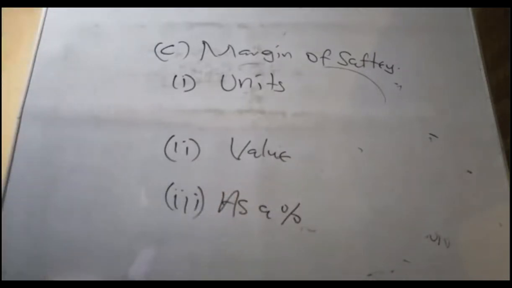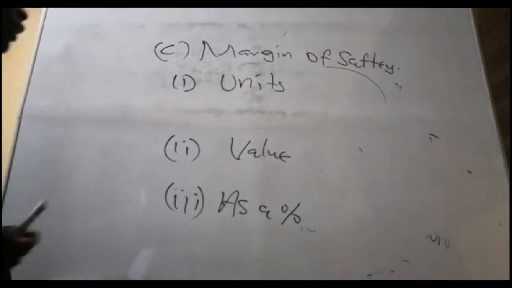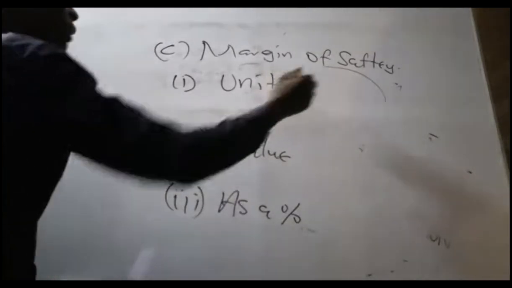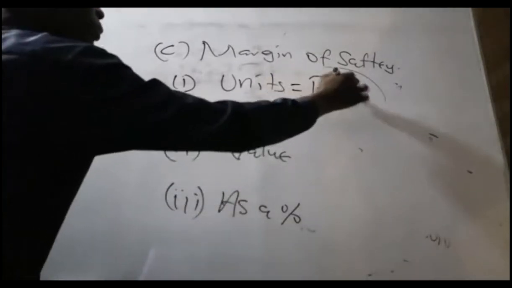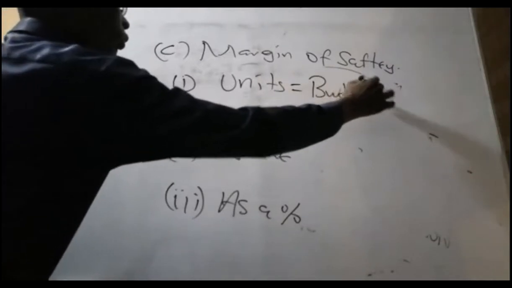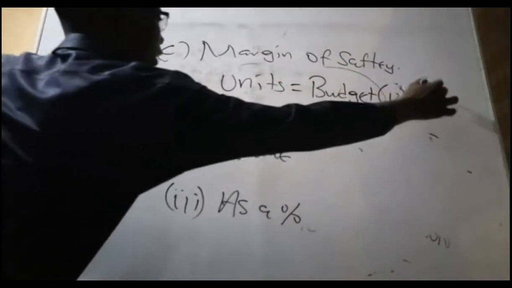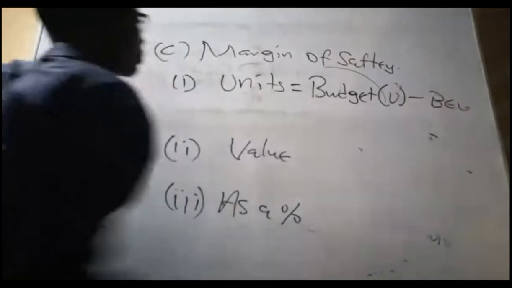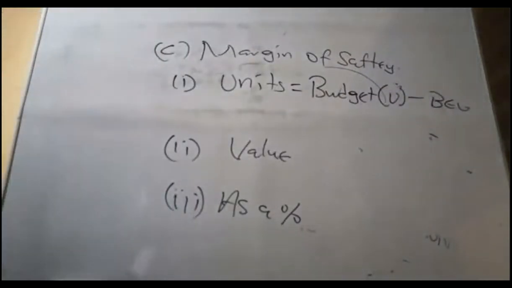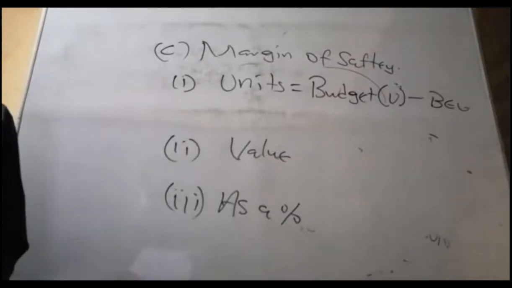These are the three levels they can ask you to calculate. In units, it's the budgeted unit minus the break-even unit. So let's go to this question and see if we can get a nice illustration there.